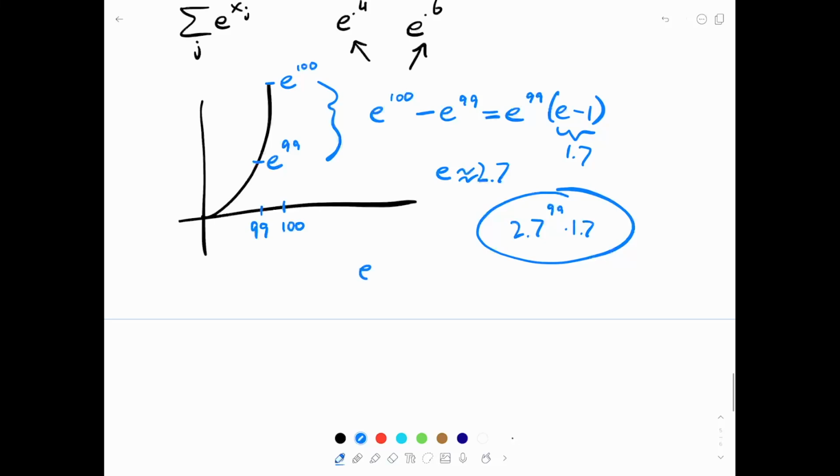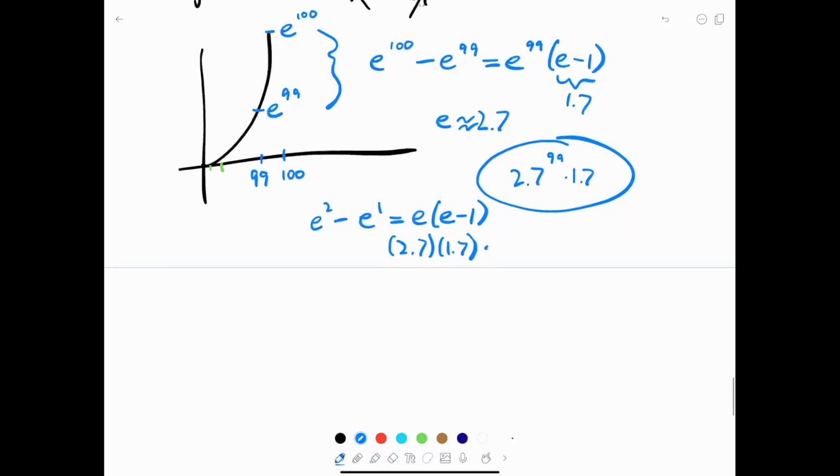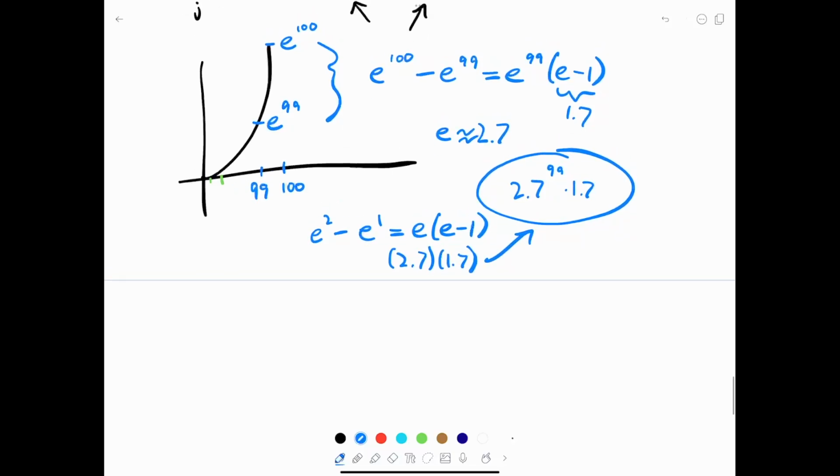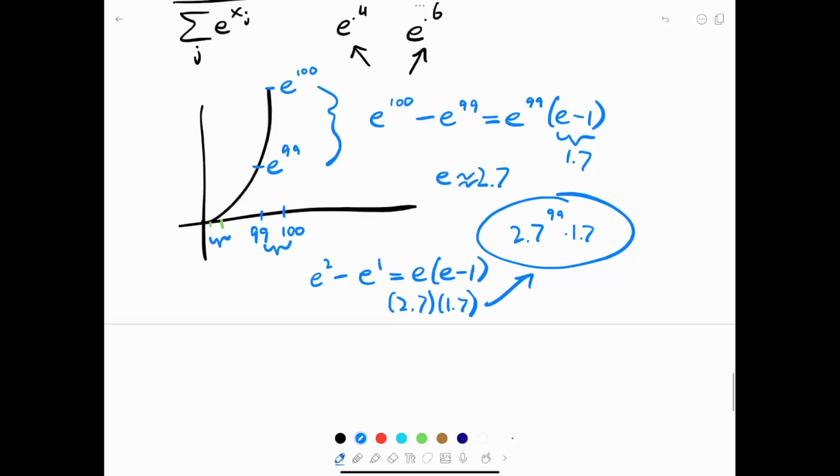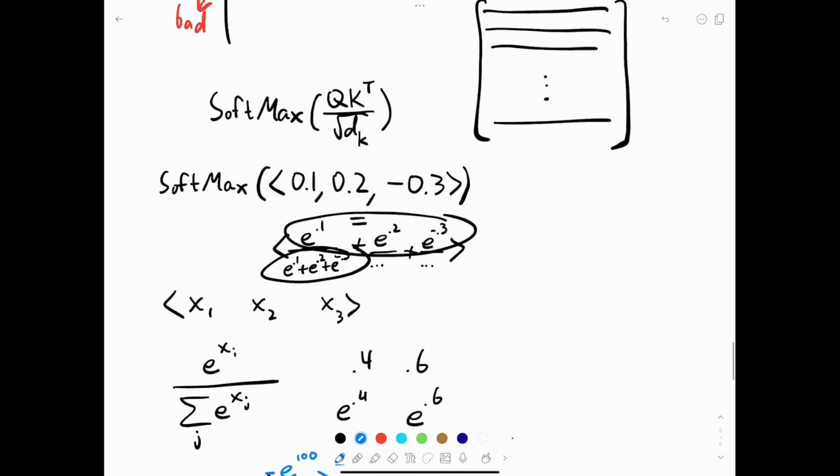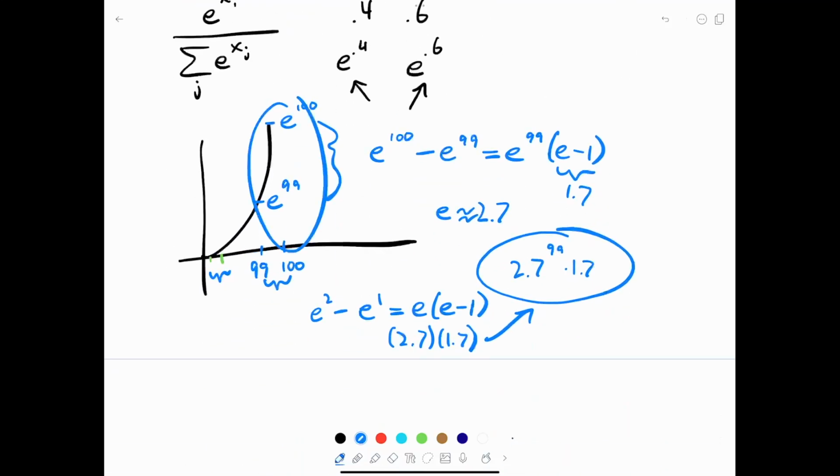Whereas if you have e to the power of 1, down here, and e to the power of 2, this is only going to be e times e minus 1, which is 2.7 times 1.7, and this is way smaller than that. But the difference on the x-axis is the same. So we don't want a gigantic difference on the y-axis. And so dividing by the square root of dk just makes everything smaller so that we don't get into this region, and we stay in this region instead.